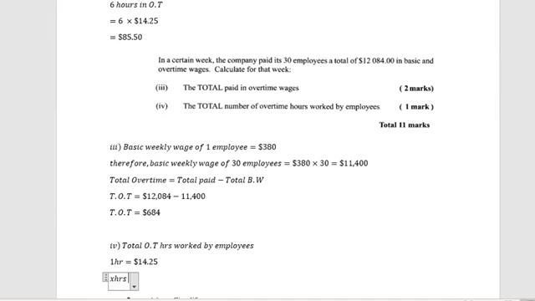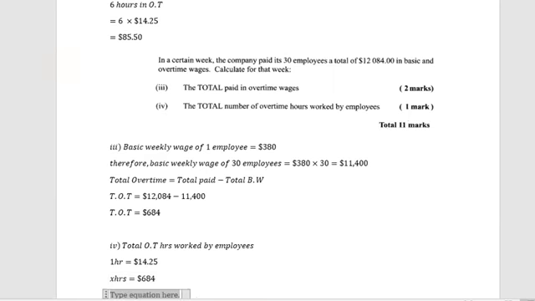So X hours is therefore equal to $684. To find the total overtime hours worked by these employees, all we need to do is divide the total amount of overtime money that was paid out by the equivalent of 1 overtime hour.